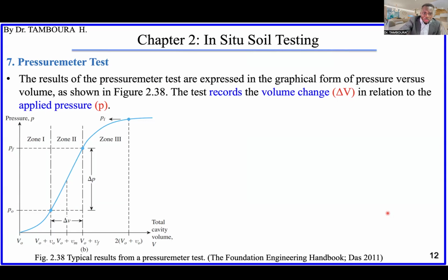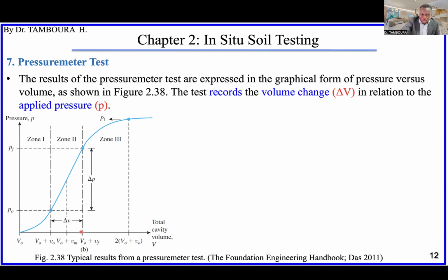This is just an illustration of the curve. You have different zones. The initial volume is here. This one is the initial volume plus V0, corresponding to this P0, the corresponding pressure.